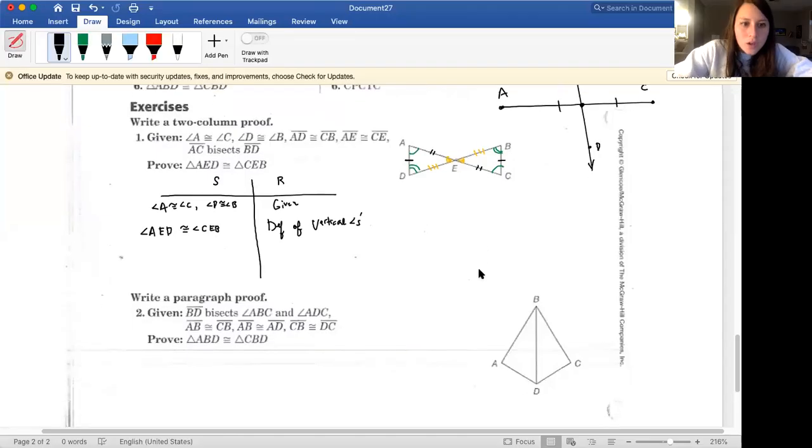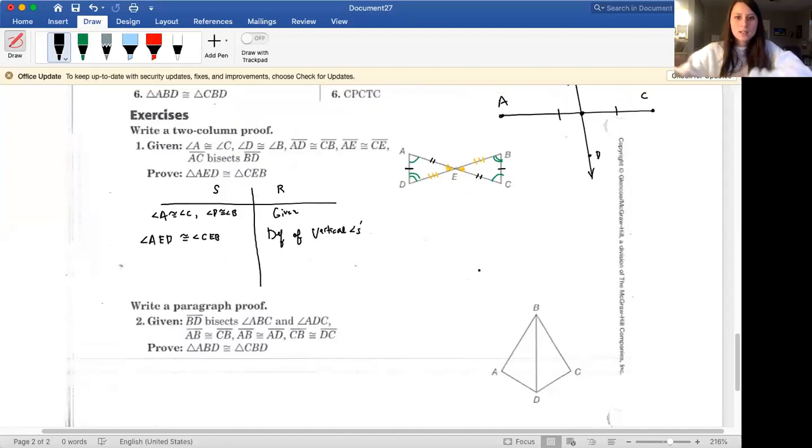Okay, so now we're looking at the sides. So if I list out all our givens, we've got AD is congruent to CB, and we've got AE is congruent to CE. So I know that because of my givens.